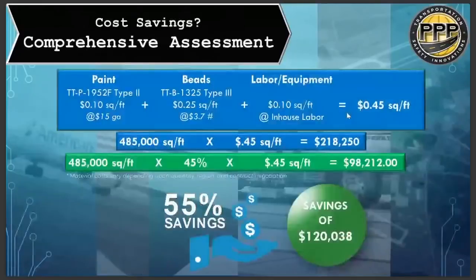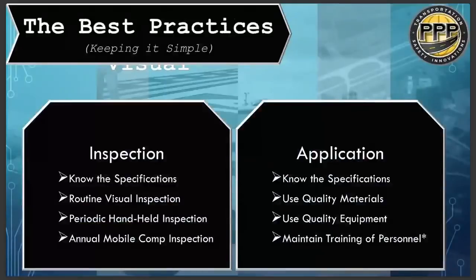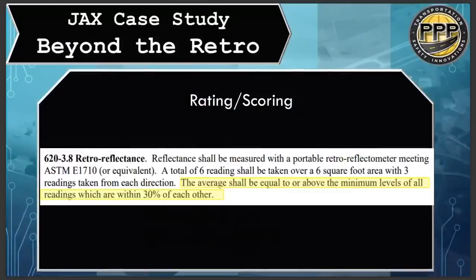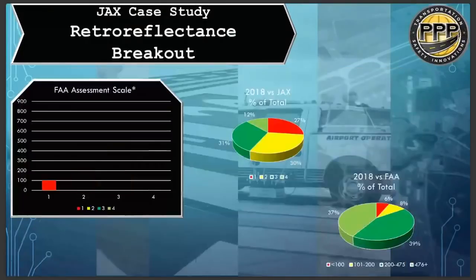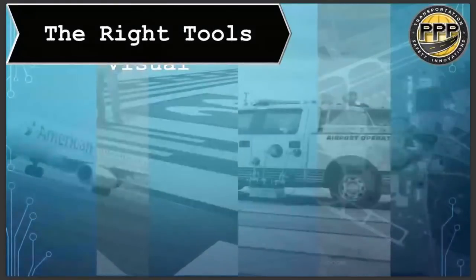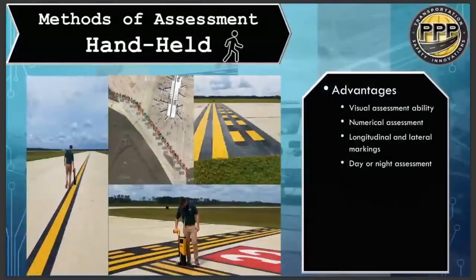What I would say is annual for mobile assessments, so that comprehensive assessment. But if you own your own, you could probably do it a little bit more often. If you're contracting them out, if you're a really busy airport, maybe semi-annually, but I think, especially if you wanted to start to look at how your markings are wearing or really get a sense of wear trends, so you can start to predict, okay, well, taxiway Bravo centerline lasts 2 years, but the edge lines last 6 years.